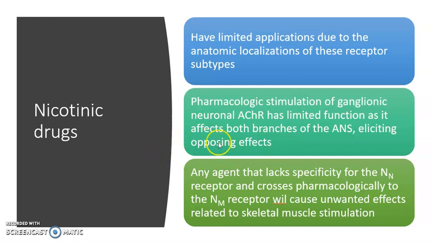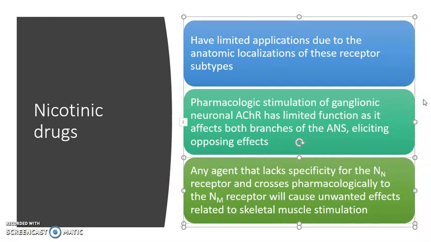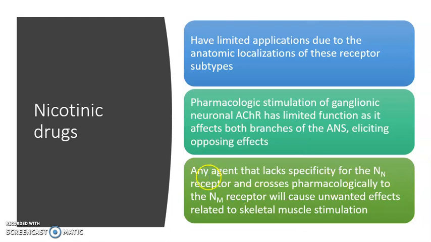So any agent that lacks specificity for the neuronal or ganglionic receptor and crosses pharmacologically to the neuromuscular junction, the NM receptor, is going to cause unwanted effects related to skeletal muscle stimulation.